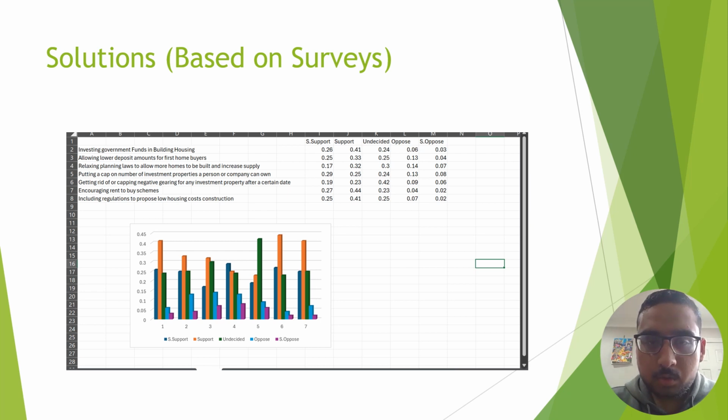So most of these solutions require the candidates to predict whether they agree or do not agree with a particular claim. And the best solution for this was to put a cap on the number of investment properties that a particular individual can buy under a certain time period.